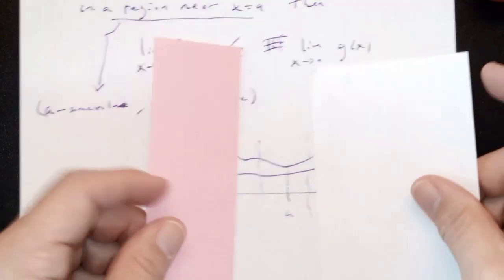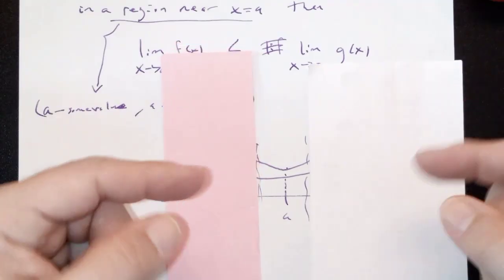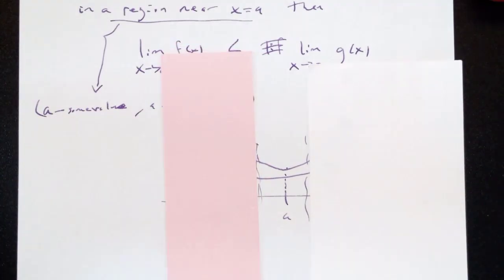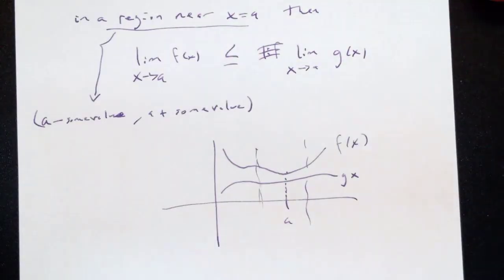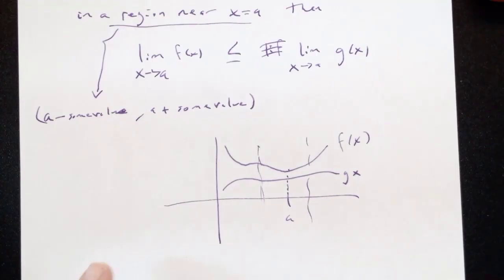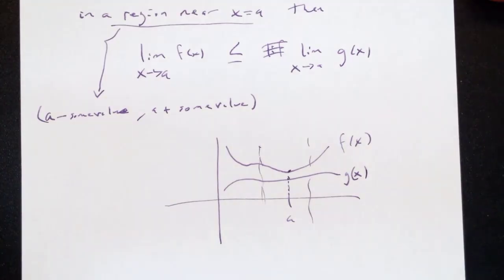Okay, chop. As you get closer and closer to A, f is always on top of g. So the limit, as we get right to the value A, should preserve that inequality.